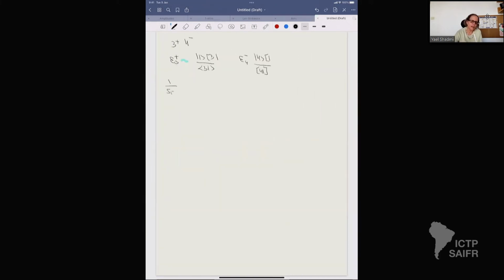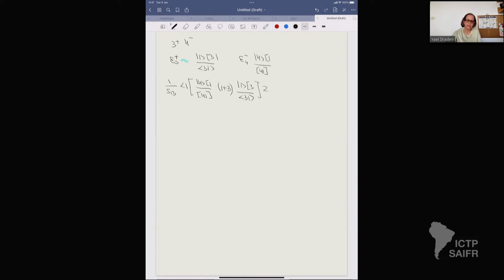There's a 1 over S13. There was the spinor 1 here. And then we have epsilon 4, so that's 4, 1 divided by 4, 1. Then we have P1 plus P3, so I write that as 1 plus 3. Then we have epsilon 3, which is 1, 3 divided by 3, 1.